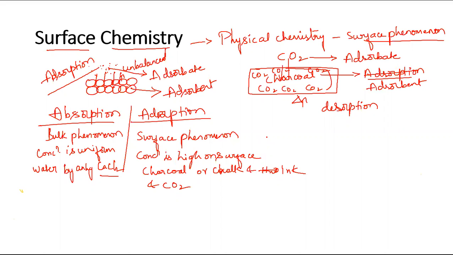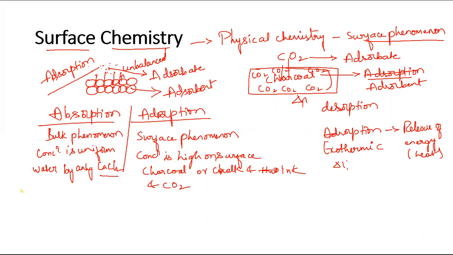Hence adsorption is generally exothermic process. Adsorption always involves the release of energy in the form of heat. Therefore it is an exothermic process. Since it is exothermic, delta H will always be negative.